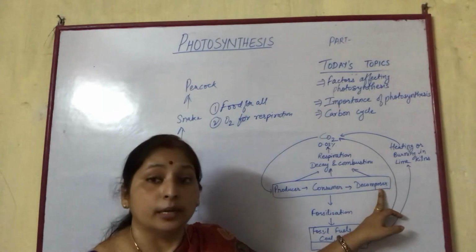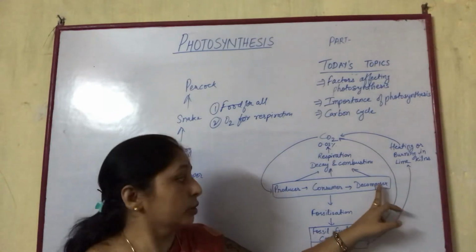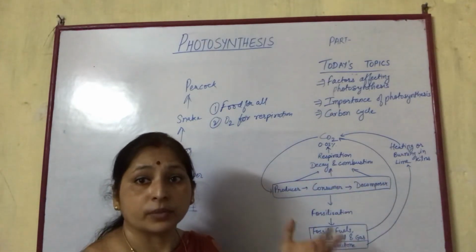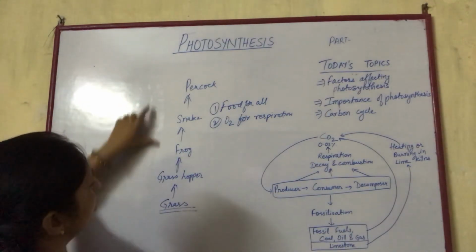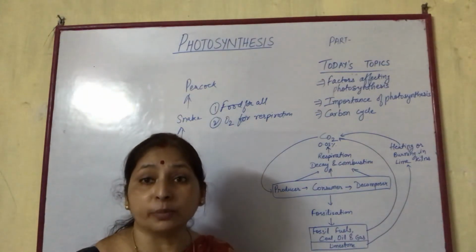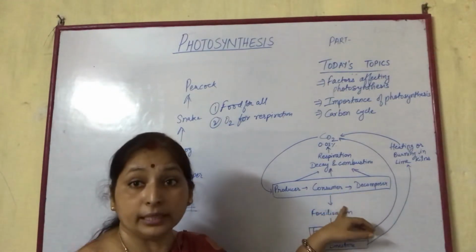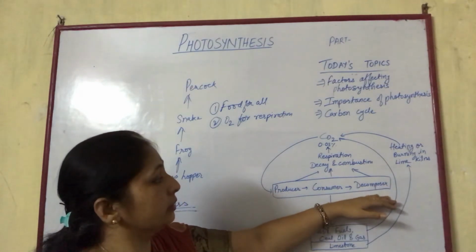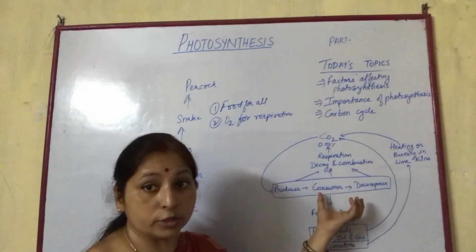Decomposers are the bacteria and fungi which act on the dead and decaying substances. So they decompose the dead bodies of the consumers. Grass is the producer and all these are the consumers. After the death of these organisms, they are decomposed by bacterial action. The decomposers utilize the carbon of the consumer.